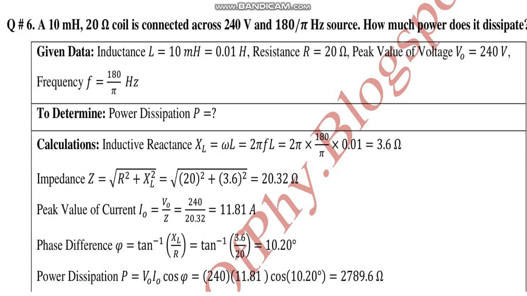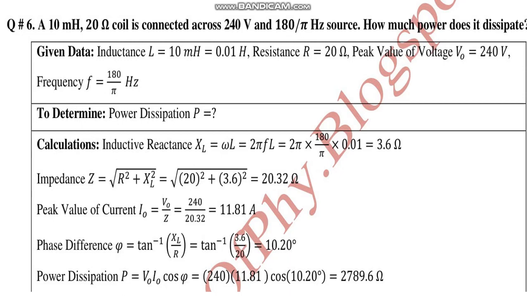Peak value of the current has a formula V naught over Z. V naught, that is 240 volts, that's given in the question, and Z is 20.32. After dividing both values, we get the answer 11.81 ampere. Phase difference phi is equal to tan inverse XL over R.